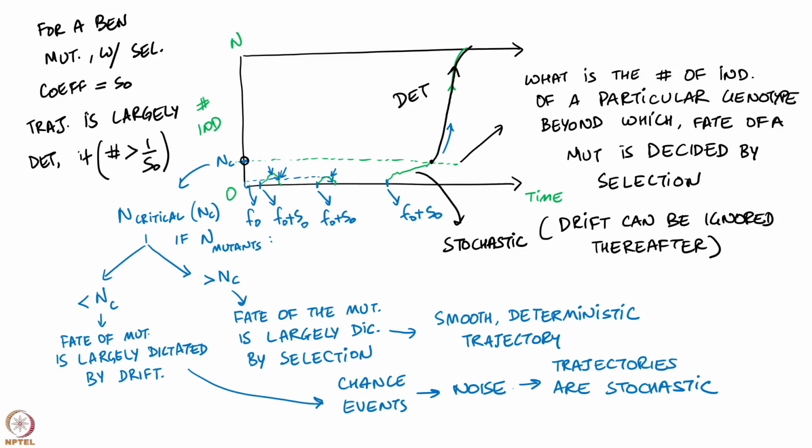What that means is that if a beneficial mutation provides only a very small benefit, then in order to go beyond the action of drift, in order for that mutation's fate to be decided by selection, you need a larger number of individuals. However, if a beneficial mutation confers a lot of benefit, you only need a few individuals, and then selection can take over and drive that mutation to fixation.